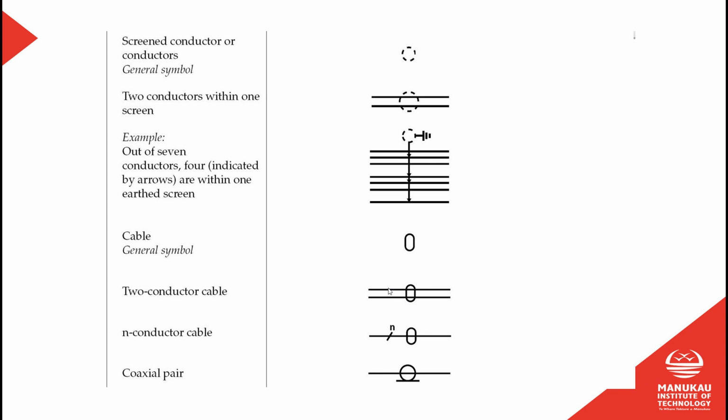Something like this, where you've got two conductors in a line with a circle around them or an oval around them to represent that it's a cable, a single cable with multiple conductors inside it. You might come across that in drawings of two-way lighting or something like that. So this is where it's detailing as an instruction that you're going to use a 3-core and a 2-core to do these two-way lightings.